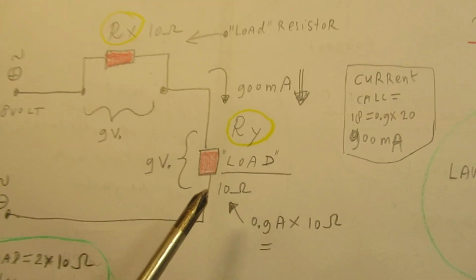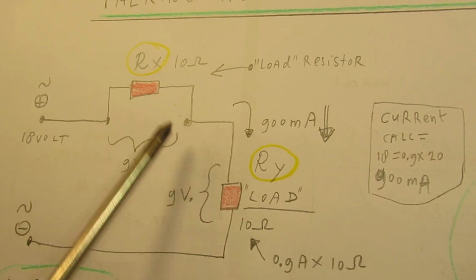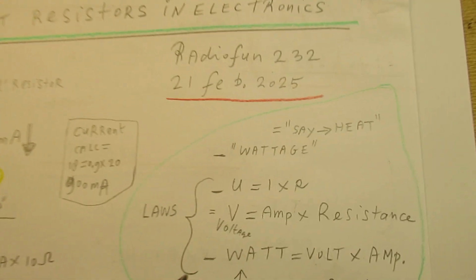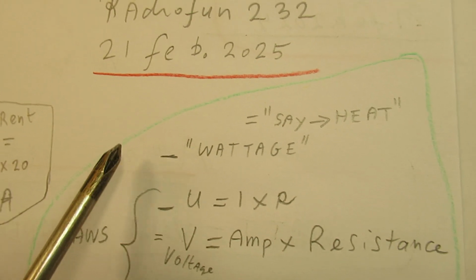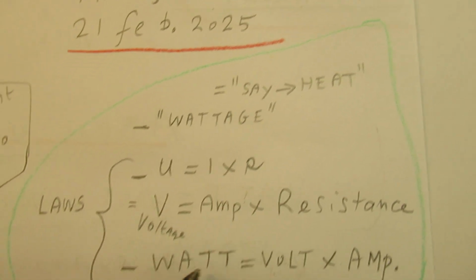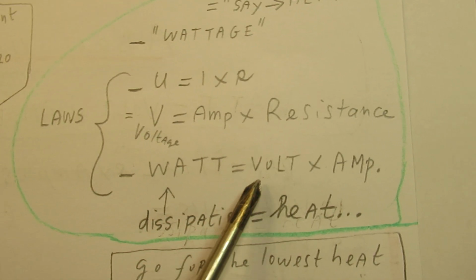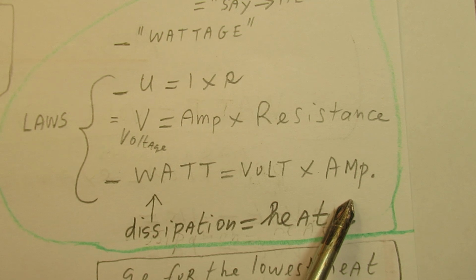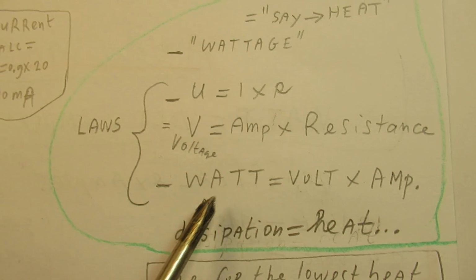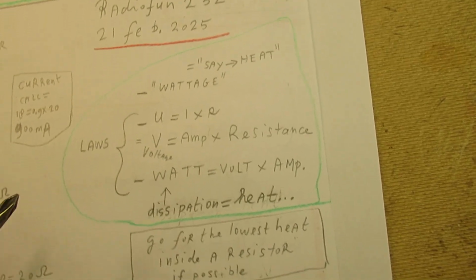A current is flowing and the load, the resistor here and that resistor here, dissipate a certain amount of heat. So the laws are again, like I told, U is I times R, voltage is amps times resistance, wattage is voltage multiplied by the current, and that means that in such a resistor we can have a heat dissipation.